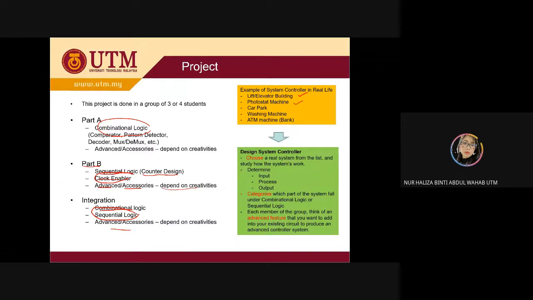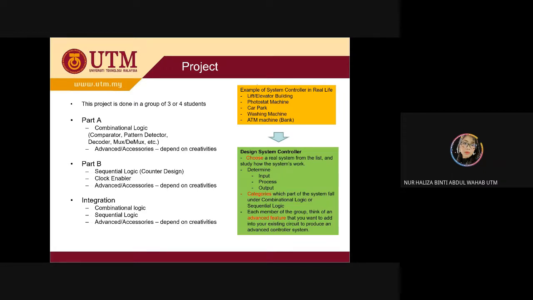Photostat machine, car park, vending machine, ATM. So mostly all the students always pick this one. Maybe it's easier, but the rest we can also pick, depending on your discussion with your group.